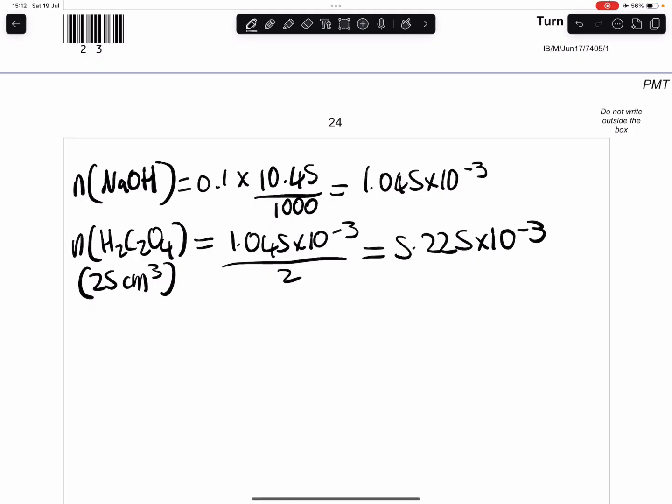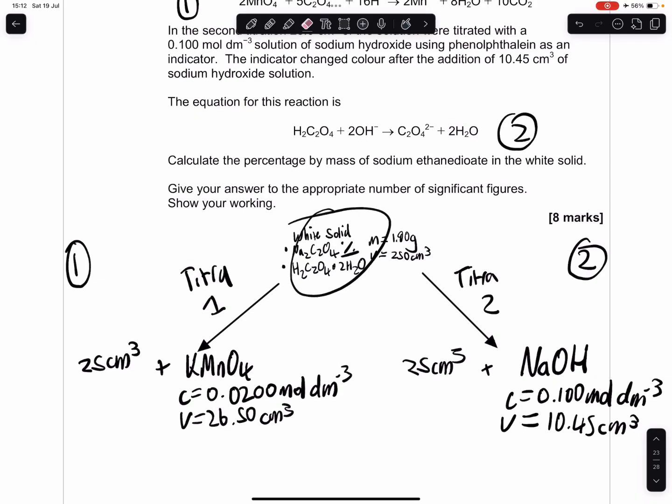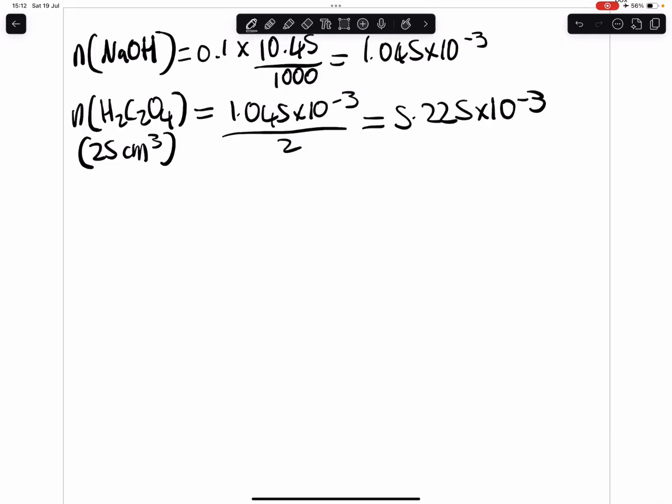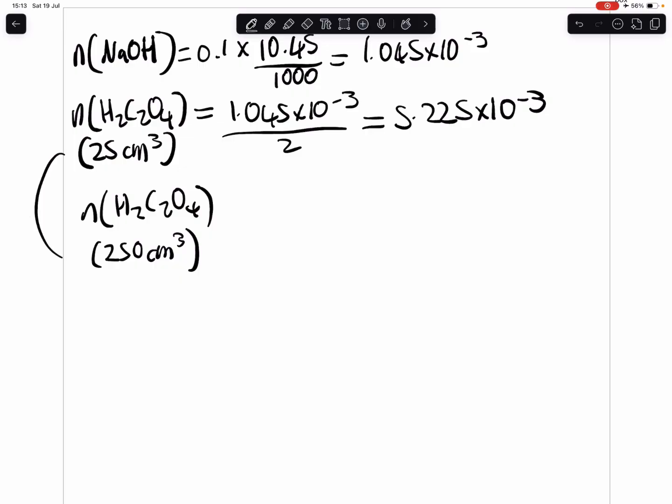So now we want to find what this is in the original white solid in 250, because we want to find this here. We can find what our H2C2O4 is in 250. So we want to take our answer, which is our moles of H2C2O4 in 25, and if we do that in 250 centimeter cubed, what's the difference between these two? 25 to 250 has been times by 10.